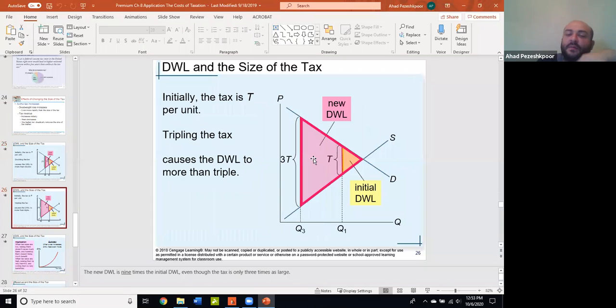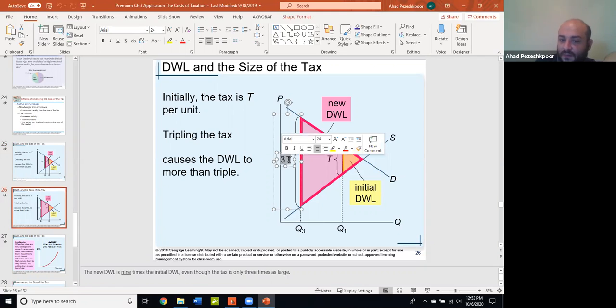And if you keep raising taxes to 3 times, then you can see that there's nobody left in the market. Everybody's gone. Causes deadweight loss to more than triple.